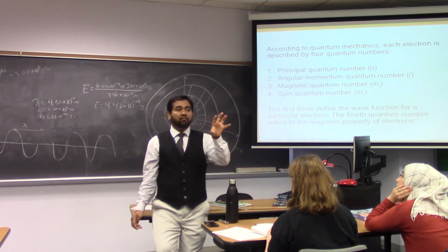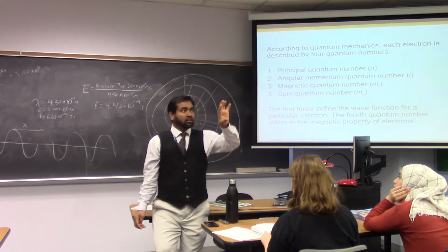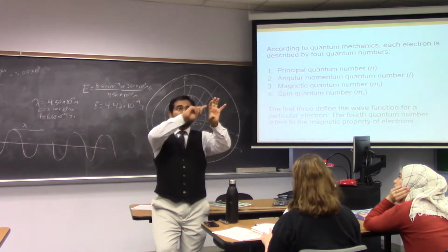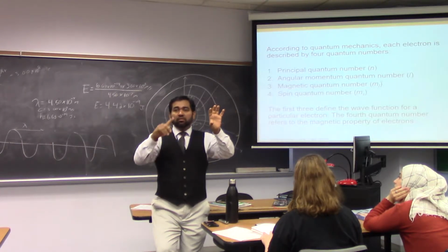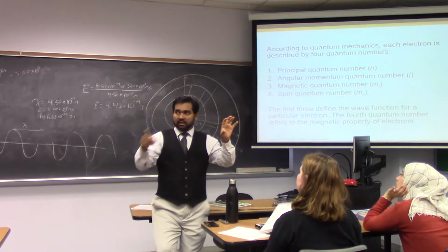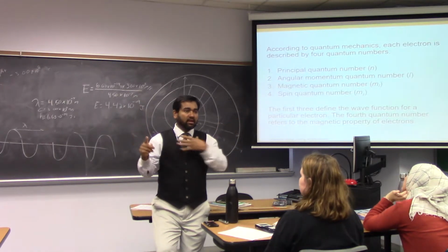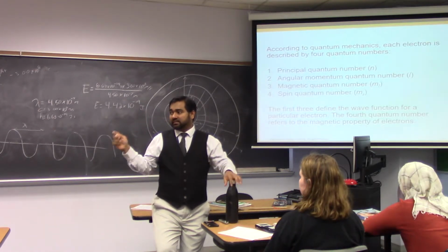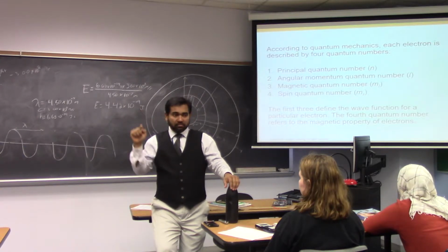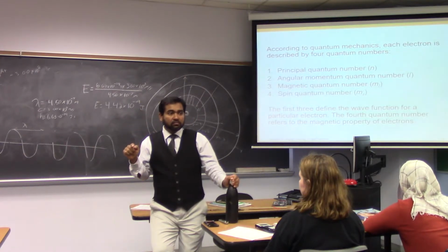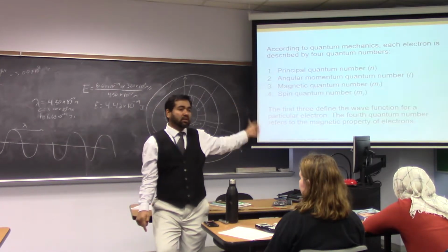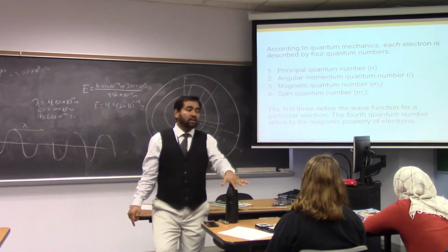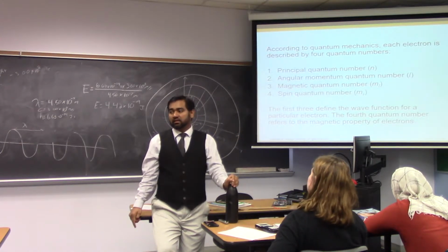The shape of the orbital is very important: if it's spherical, the electron lives in that spherical shape. A p orbital is like a dumbbell shape, like a bow tie. So the angular quantum number tells you what shape of orbital the electrons are located in.